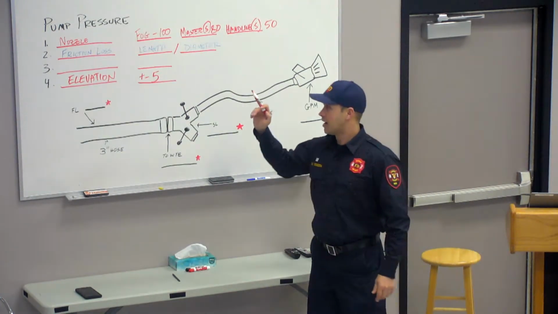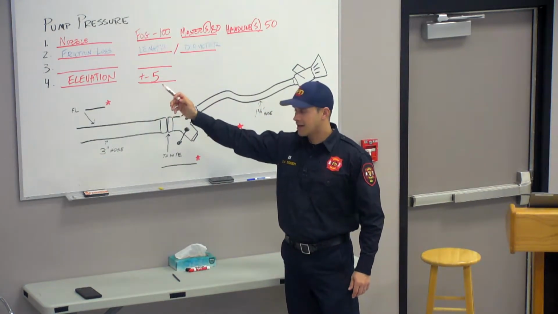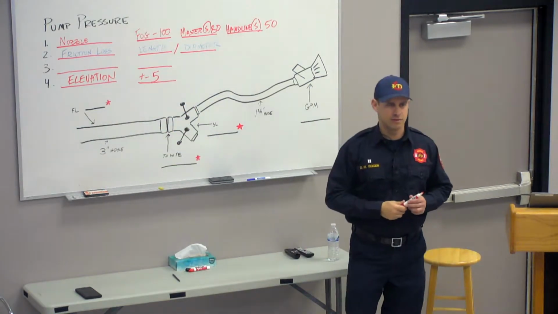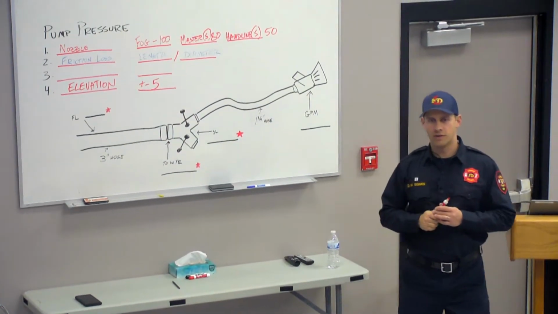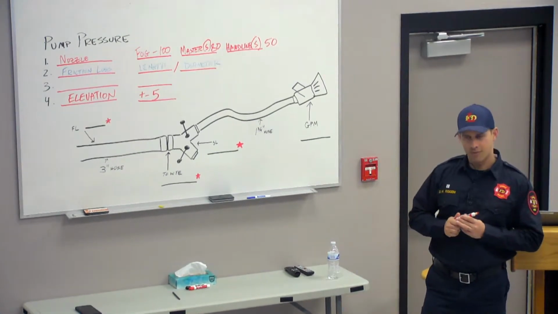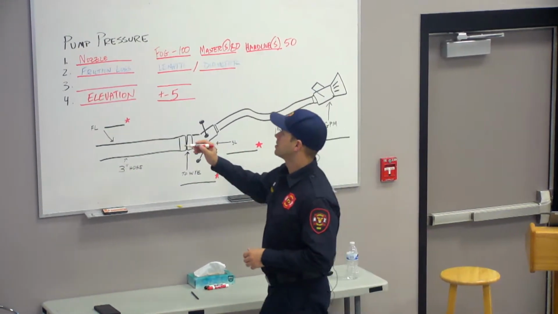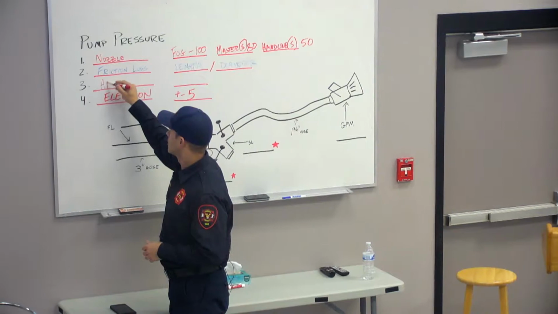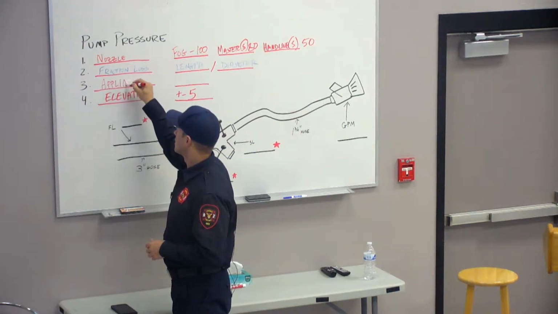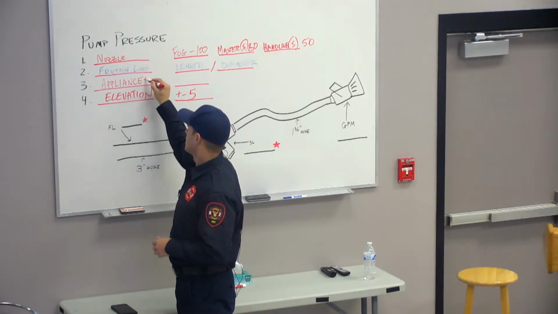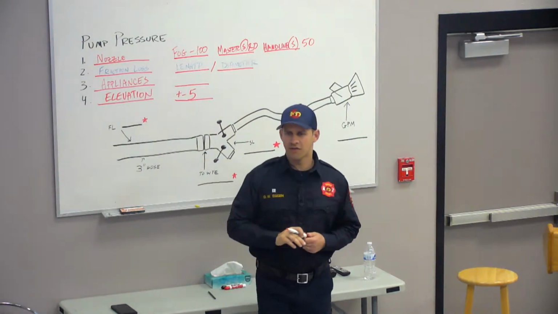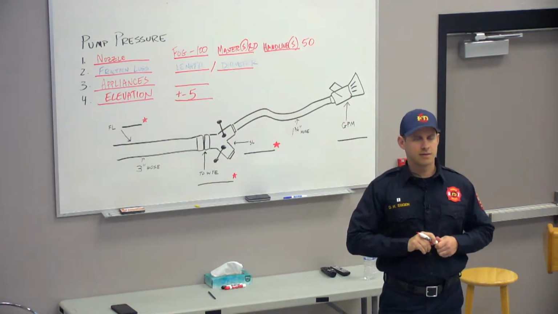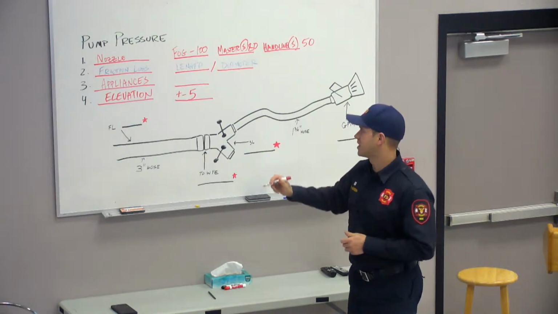All right, so we got nozzle, friction loss, elevation. What's the last one? Use the drawing. Appliances. And what do we say is the set loss for appliance? 15. 15, correct.